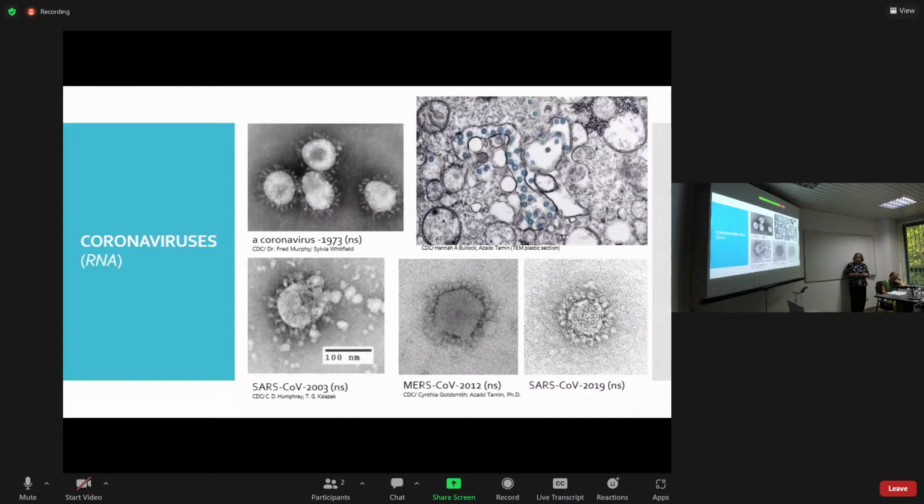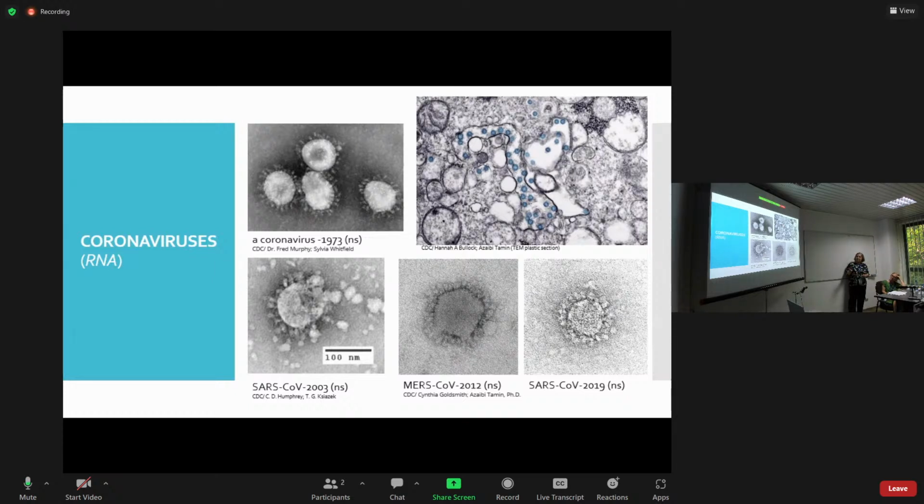So some coronaviruses were culprit for endemic outbreaks of infectious diseases and this pandemic in 2020. We have here negative staining images of various coronaviruses, SARS-CoV-2, SARS-CoV-1 in 2003, and a transmission electron microscopy showing you particles inside a cell.